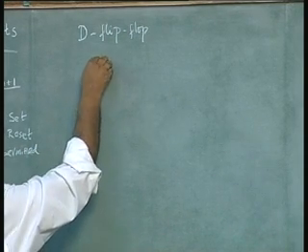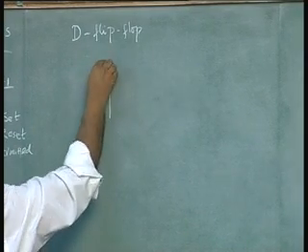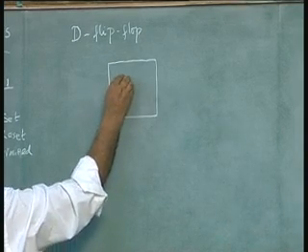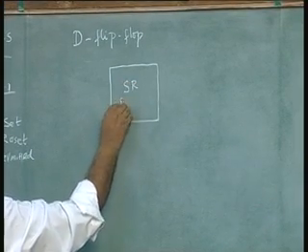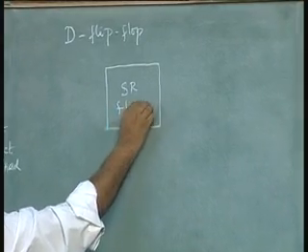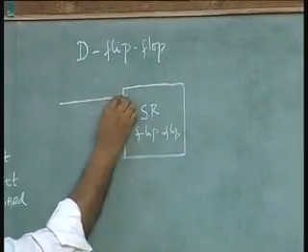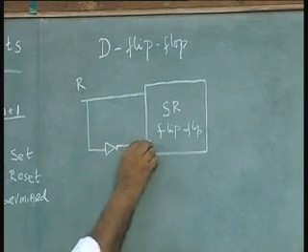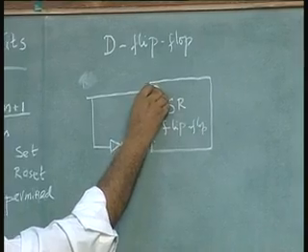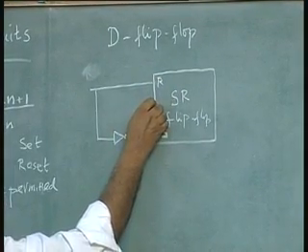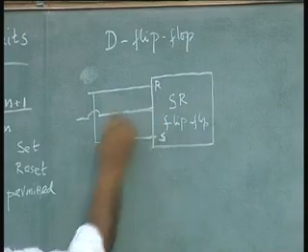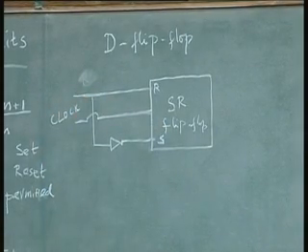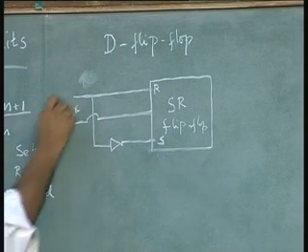So, this clock flip flop would be same as the clock SR flip flop, with R and S inverter of each other. So, this input is called a D input.